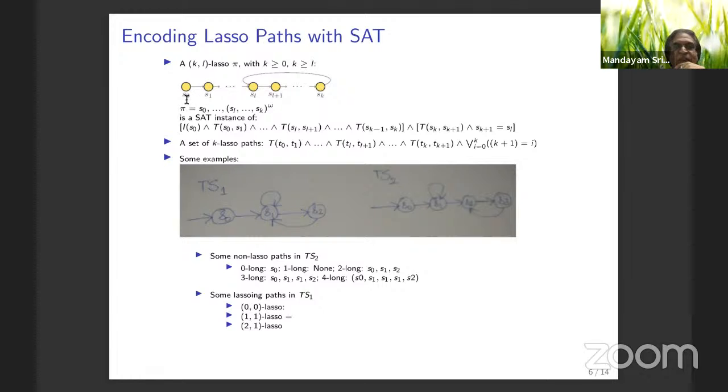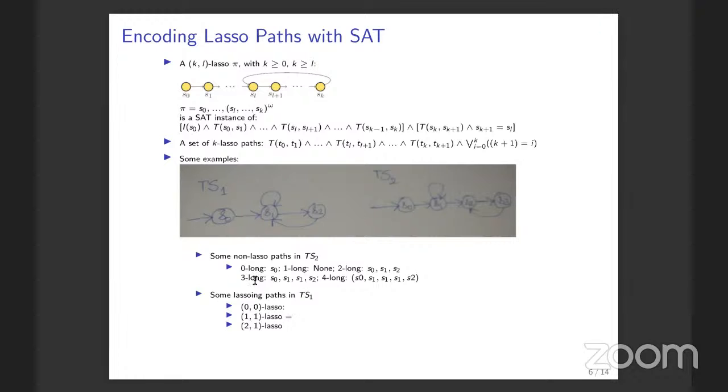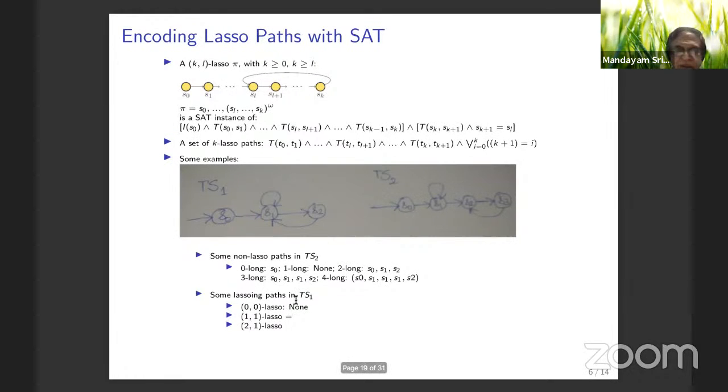I only take S0, and then S0 back to S0. K being 0 means how many transitions there are out of S0. 0 means you just have S0. So there's no lassoing path there, correct. 1 means K is 1, and L is also 1.